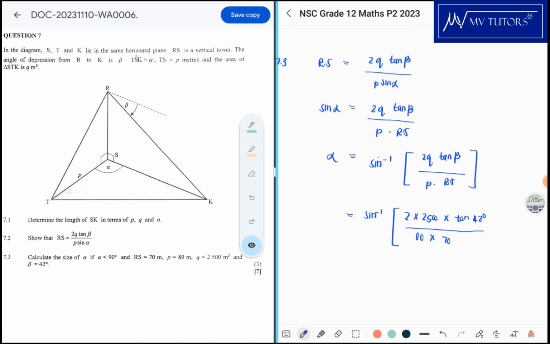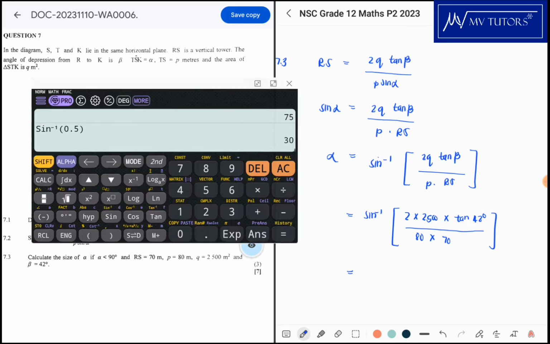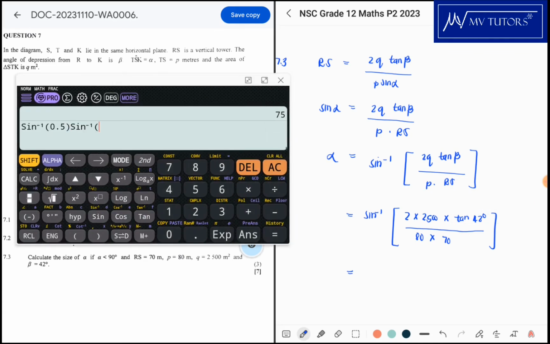Alright, so now we can calculate. So we have shift sine, and we have a whole lot going on here. We have a fraction, 2 times 2,500 times tan 42 degrees, divided by 80 times 70.